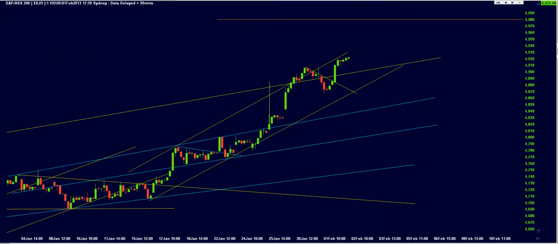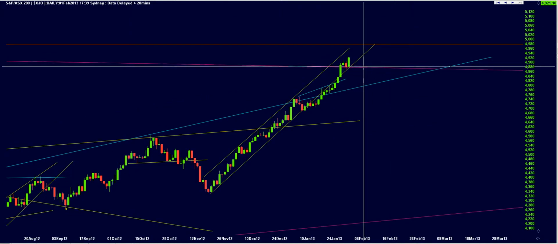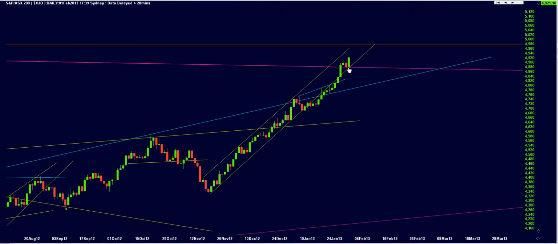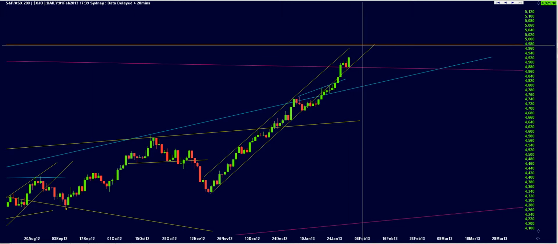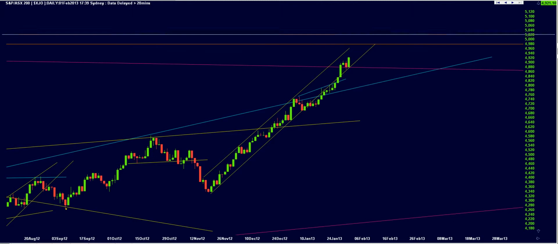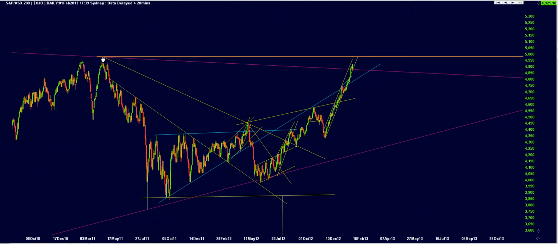If we have a look on the daily chart, you can see that we got over this purple line that we've been watching, and now we've found support on this area the last 2 days of trade, and we're starting to head on up now to tag on that overhead resistance around that 4,980 area. Now there you have it. We have resistance there around April the 7th, and we've just extended that horizontal line out from where the market found resistance last time.